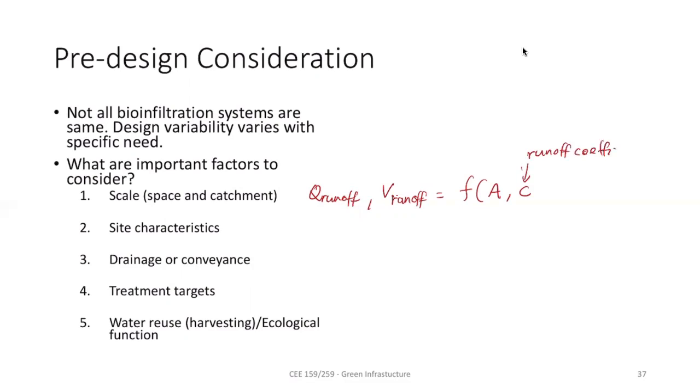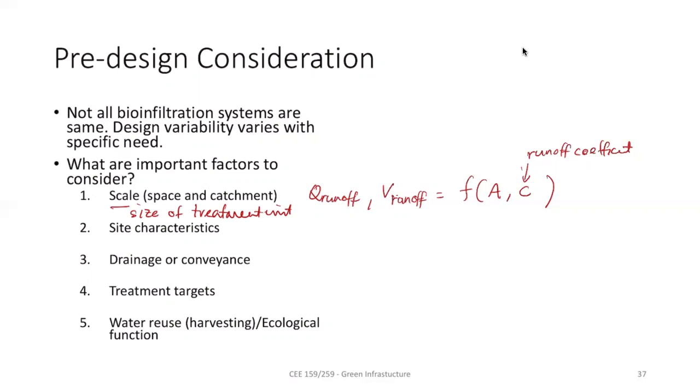And then it also depends on other factors like what type of slopes, because that will determine how quickly the stormwater is entering the space. So this determines the scale, meaning the size of the treatment unit.